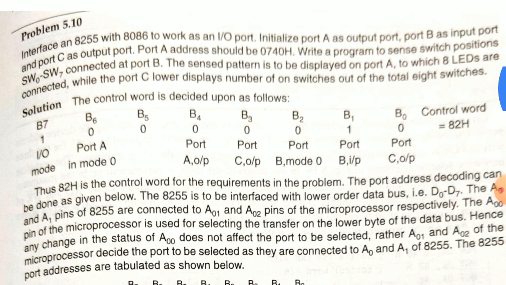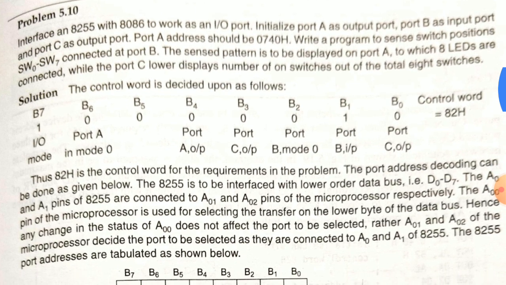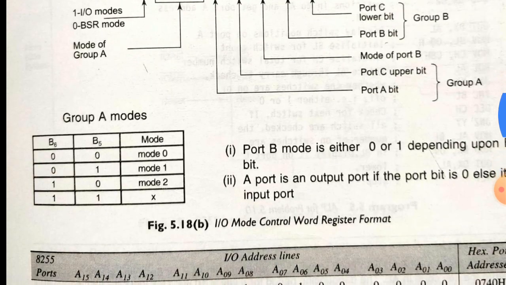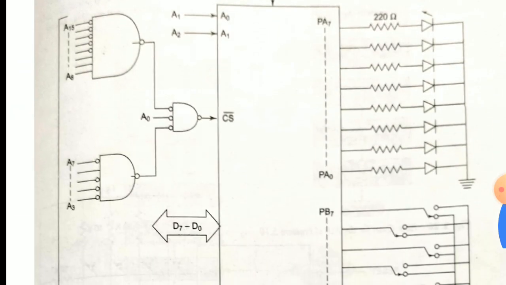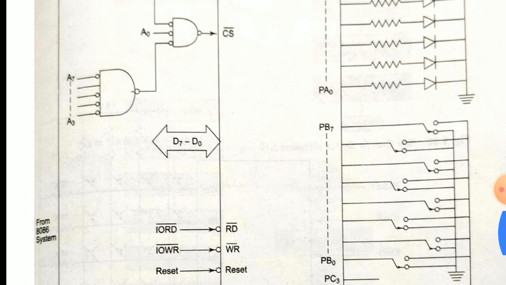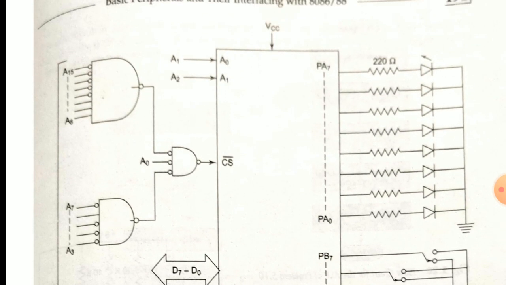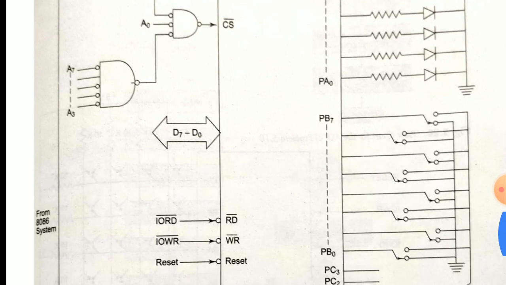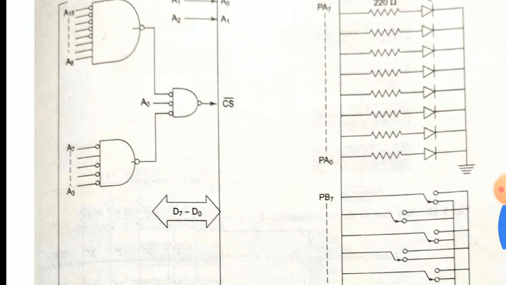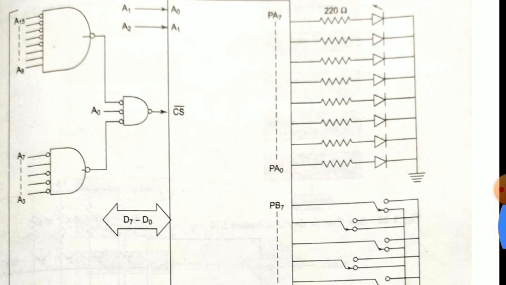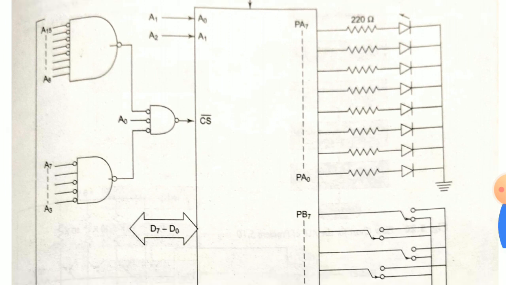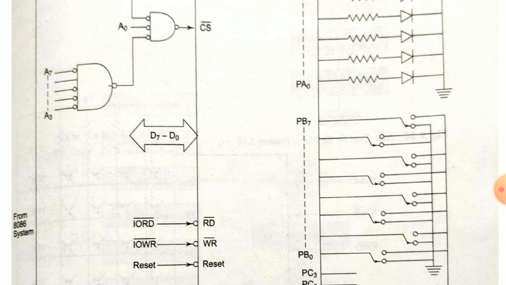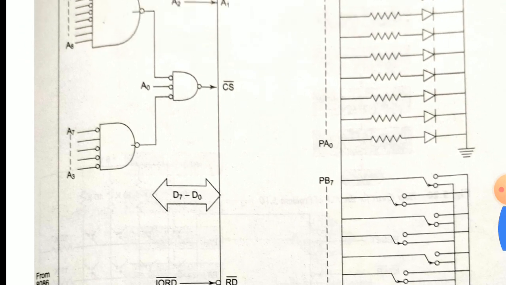And coming to this interfacing, how is the 8255 PPI going to be interfaced with the 8086 processor? See here, this is the diagram of the PPI device. It contains port A pins PA0 to PA7 as well as port B pins PB0 to PB7.